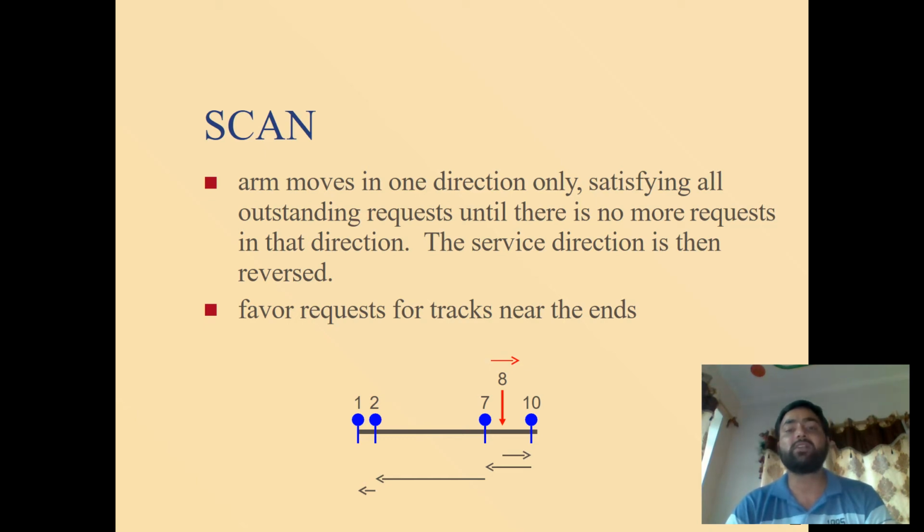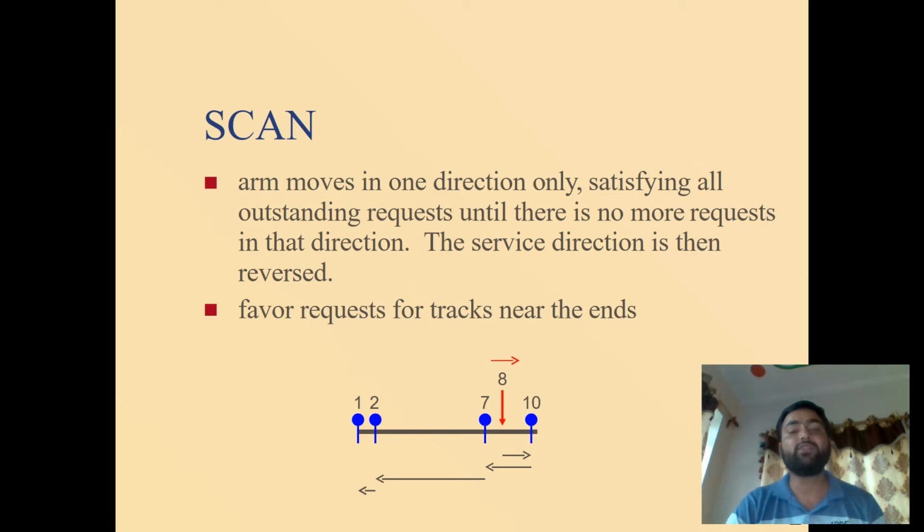This is how all the requests are satisfied in the SCAN algorithm. Also, after reaching the last request in a particular direction, it will touch the end of the disk, and then move to the other direction.